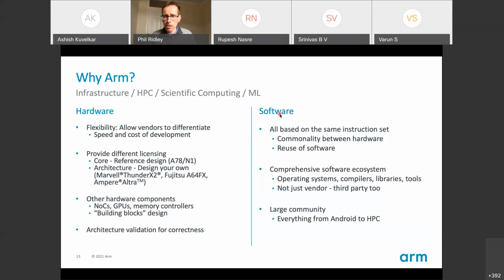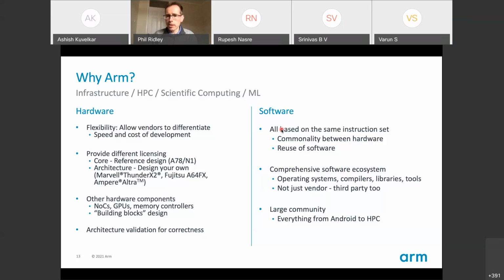On the software side, we have a large community effort working towards getting applications and software working on ARM-based architectures. This covers a very large ecosystem, from the OSs, file systems, networking, your well-known tools and libraries, compilers, and all this is not just vendor driven.